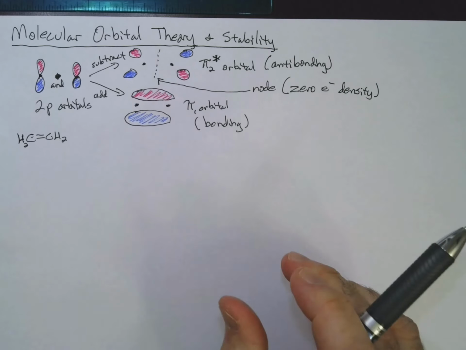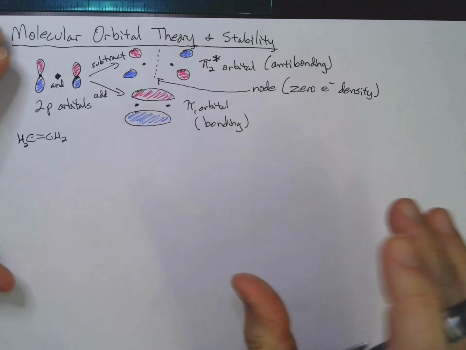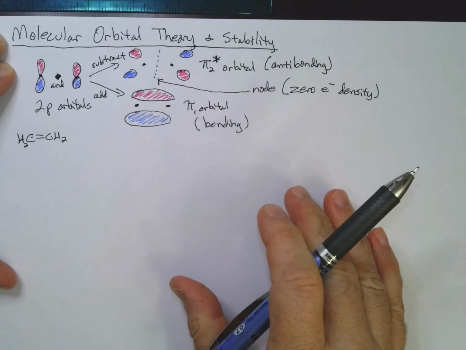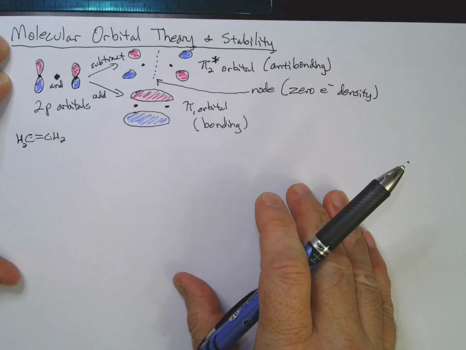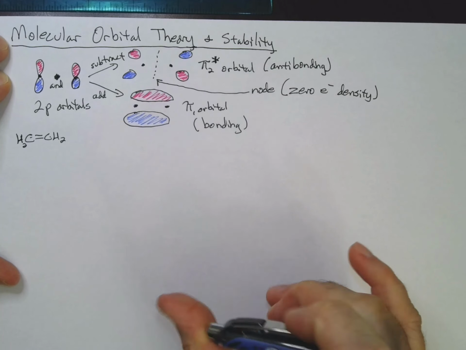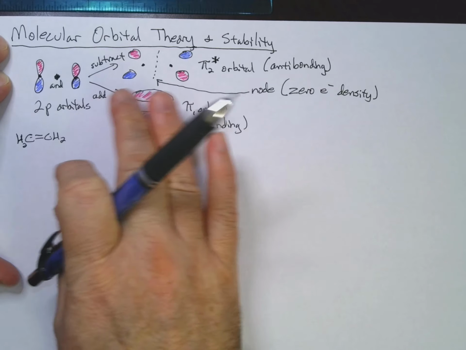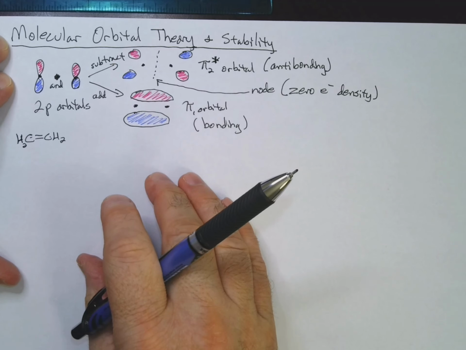Now you may remember this if you go back and look at molecular orbitals of diatomic molecules back in Chem 1A. If you really want to dig around some of the lecture videos on my YouTube channel, you can look for those. Maybe I'll go ahead and put a link to those if you really want, but we're going to focus here on just the p orbitals and how they contribute to molecular orbitals.